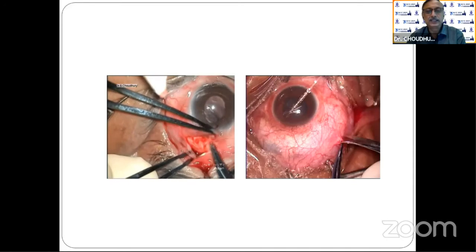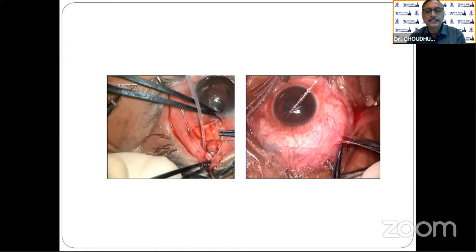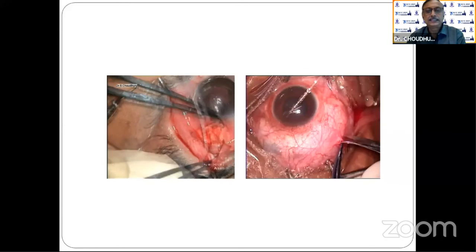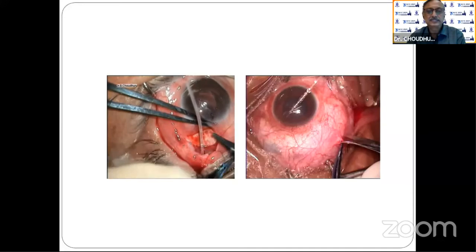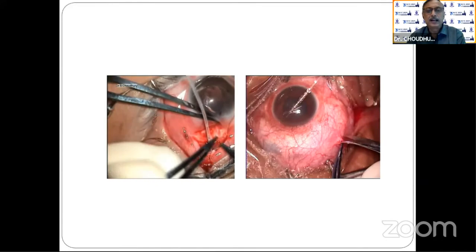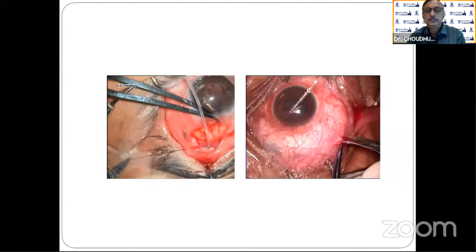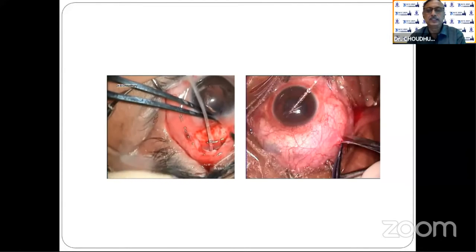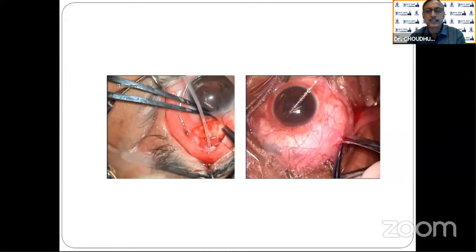It should be fixed with nylon, ideally. There is a hole in the valve where it is fixed to the sclera. The two holes are there, and by the 2 points we can fix the valve. Otherwise, it will slowly go backward and be lost posteriorly in the orbit. So you have to fix the valve.